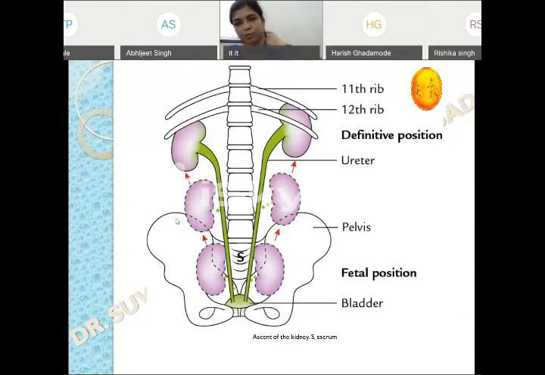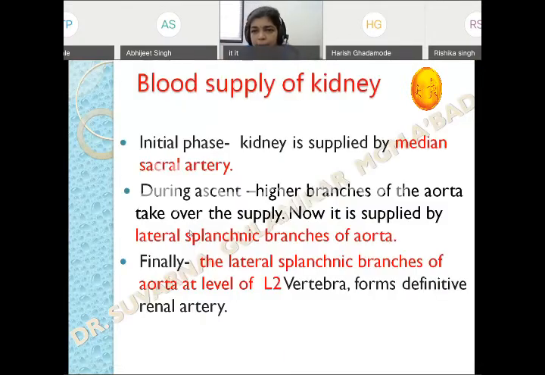Okay, sorry for the disturbance. So we continue till the part of the ascent. Okay, so we finished the ascent. Now we'll go for the blood supply. As I said, in search of blood supply, the kidney ascends. So what is the different blood supply of this kidney while it's ascending? The first artery supplying this kidney in the sacral region is the median sacral artery.